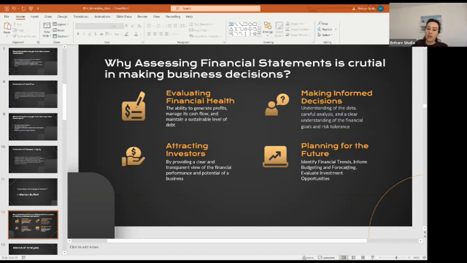This is particularly important to see whether what the company has forecast is actually in line with the real numbers or the real values that we get over 1 year or 6 months or 3 months.